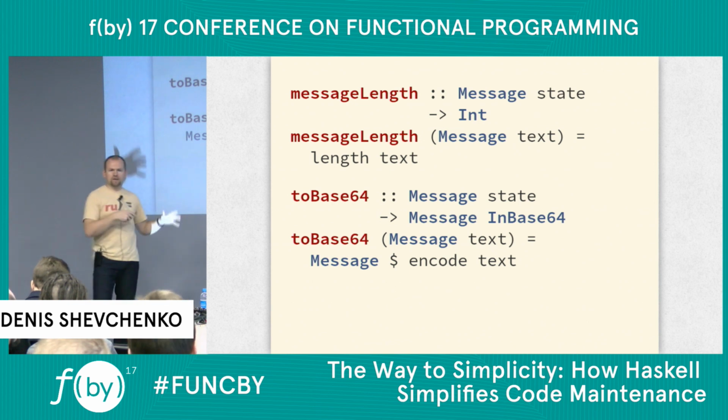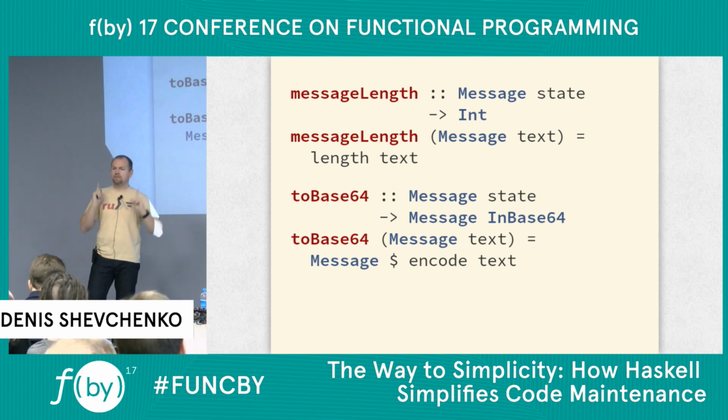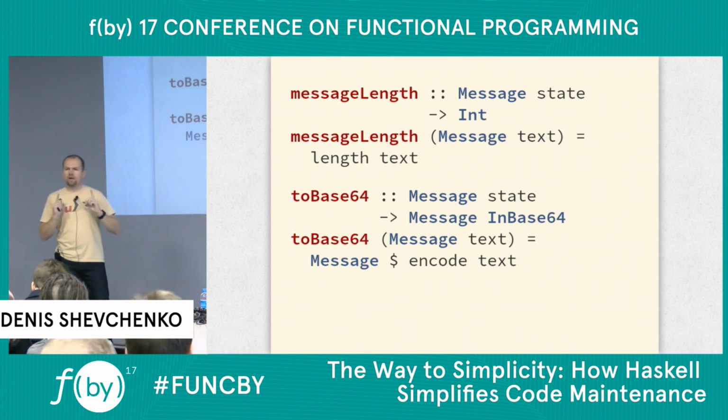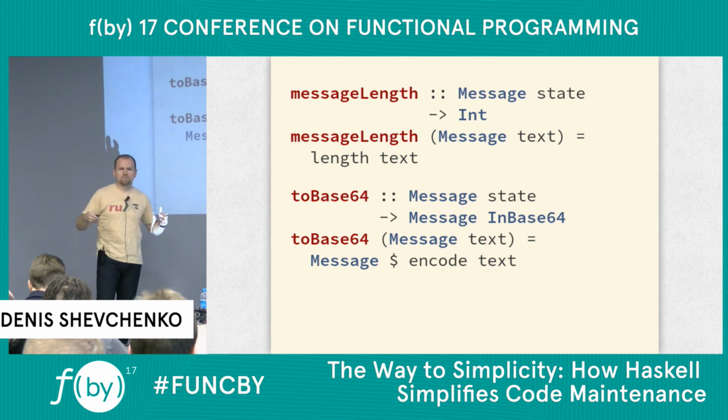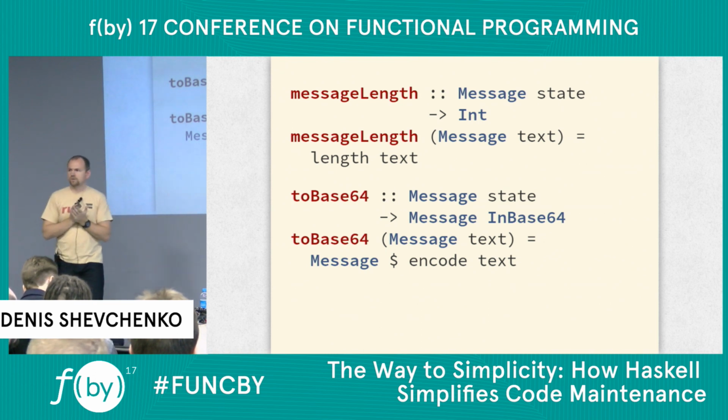But the function toBase64 takes again some message state and returns a message in base 64. We know that this function cannot return a message in any other view, in any other form. So if this code compiled successfully, we definitely know about it.